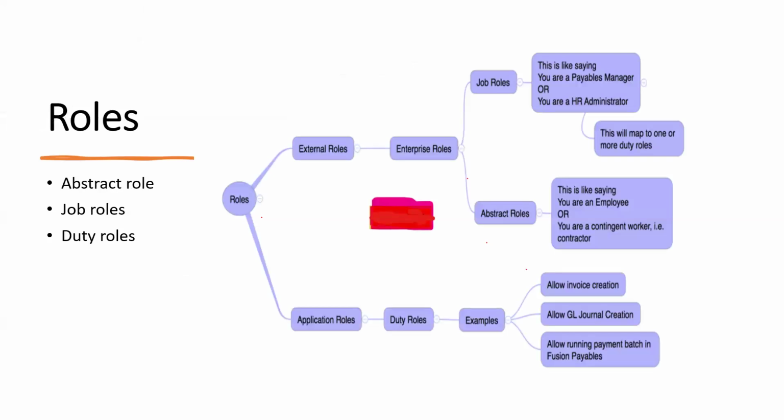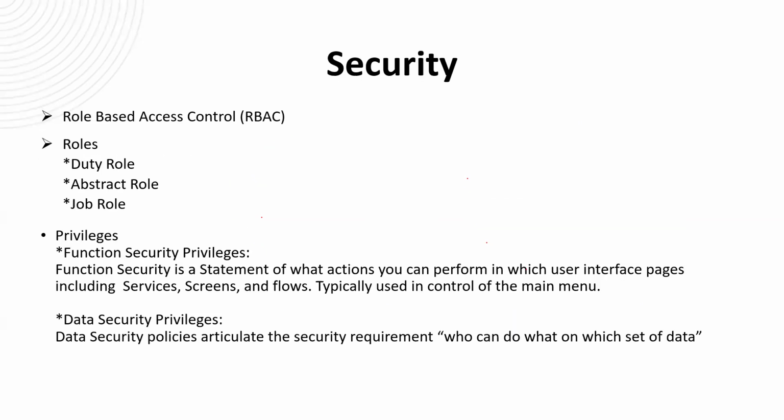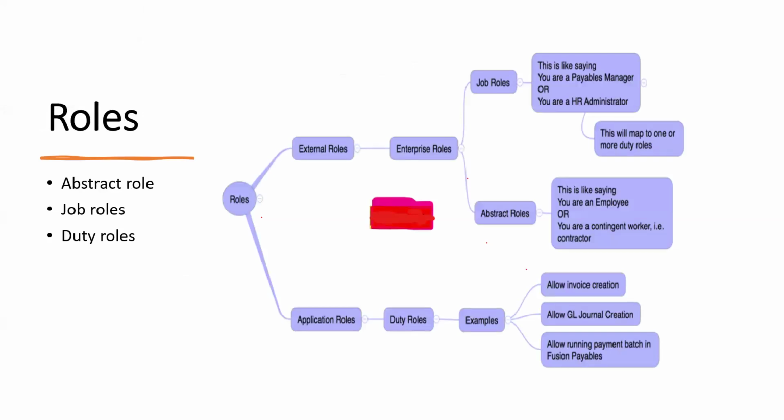So for the best example, at the roles level we have three types of roles. You can see here we have three types of roles: duty role, abstract role, and job role. So what is the difference between these three roles? Generally, we have two levels of roles: enterprise level role and application level role. Both of these will be available in the Oracle Fusion application.